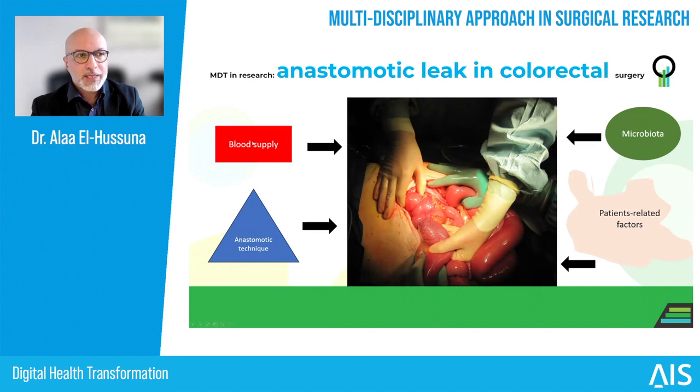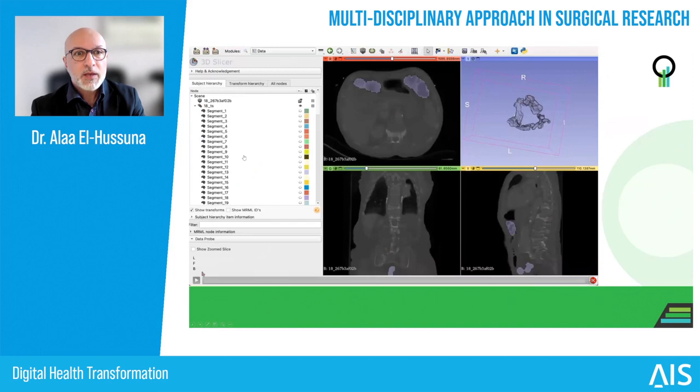We focused on the blood supply because we think this is the least studied, and the area where we can make an advancement, because the healing process of the anastomosis can affect anastomotic leak. So through CT scans of colorectal cancer patients who were operated on by colon resections, we identified the blood circulations, and we are trying to find patterns of this blood circulation and see which pattern is associated with anastomotic leak and how we can improve it.